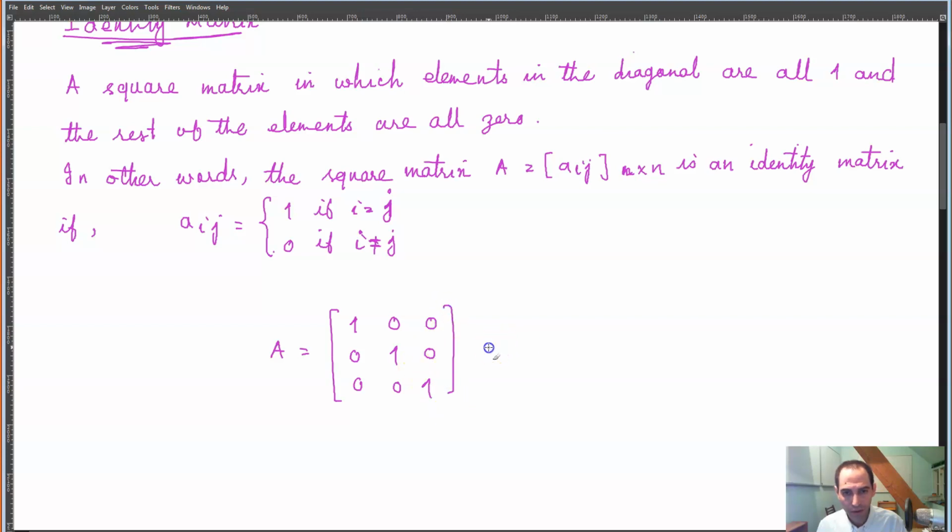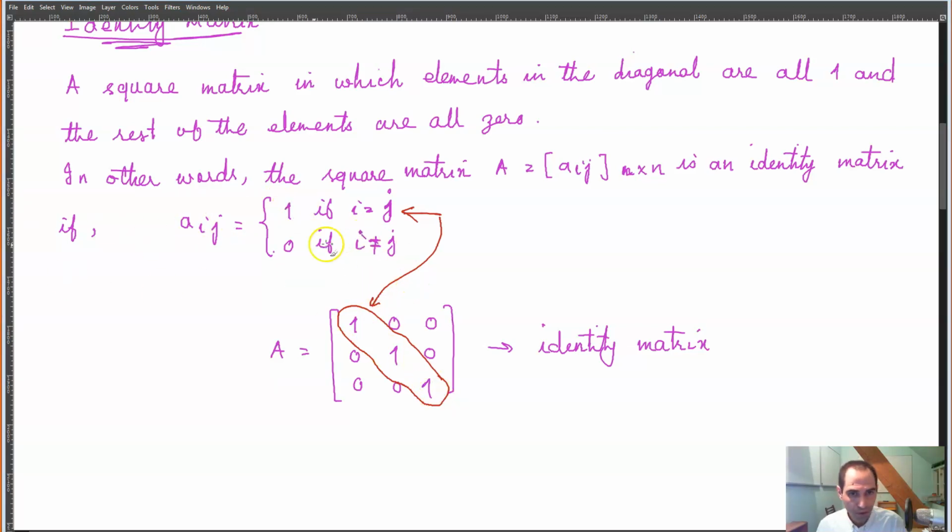And this is called an identity matrix, which means that whenever i is equal to j, which is across the diagonal here, A of ij is equal to 1, as you can see.